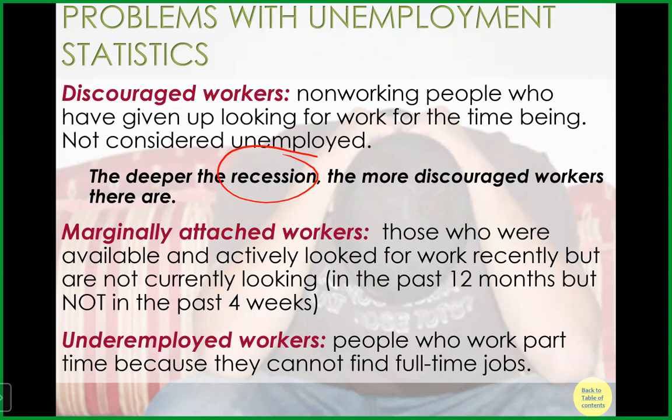The other one is the marginally attached worker. This is slightly better. Someone hasn't looked for a job in the past 4 weeks, but she or he has tried during the past year. And they are still hanging on there, but not qualified as unemployed.